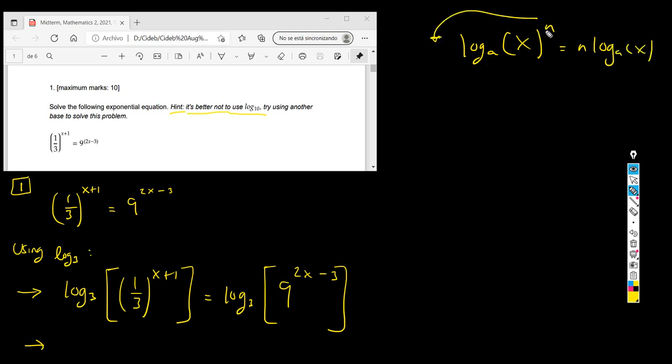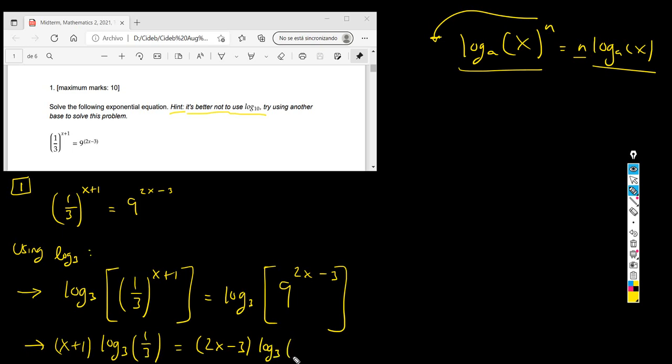You can lower this exponent and it's going to stay here. Okay, so I'm going to do that in here. So basically this exponent and this exponent are going to be lowered, like this.